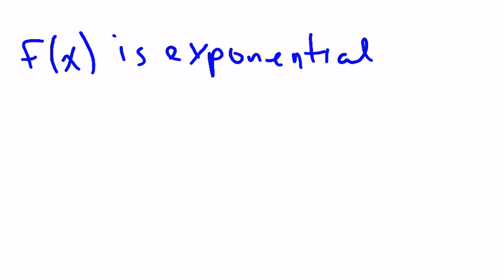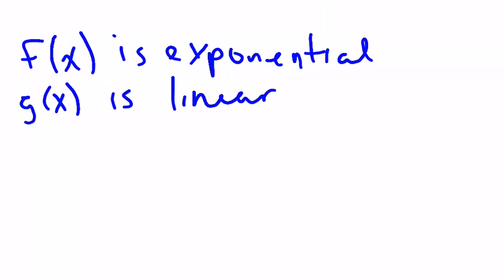Alright, next one, f of x is exponential, so we have to know what that looks like. G of x is linear, so we have to know what that looks like. And then we know some more information.